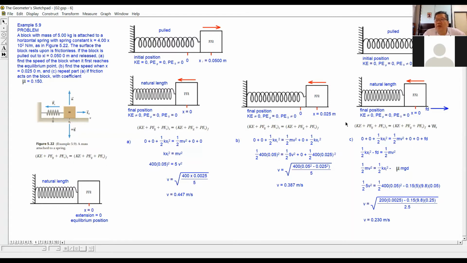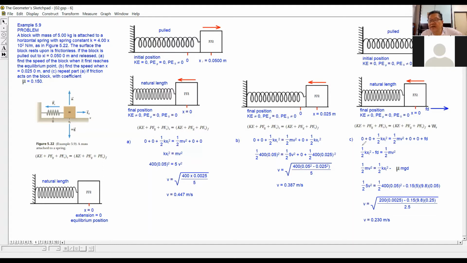Now we are going to use the energy equation plus the work energy theorem. At the final position, you have to record how much work is done against friction. Right, so we start. These are the same, because they come from the same initial position.